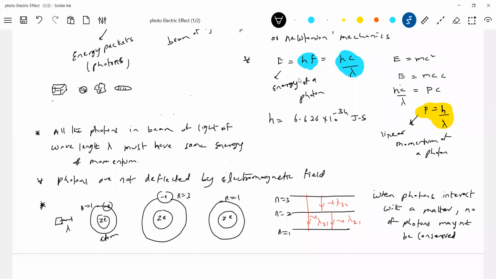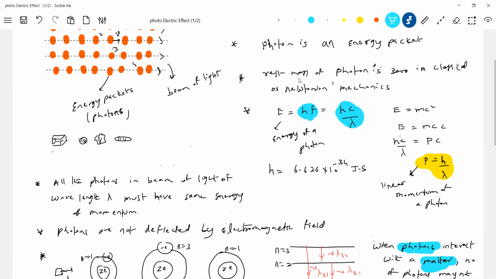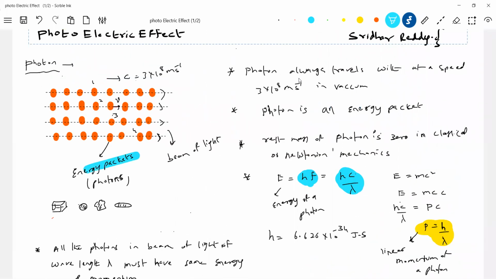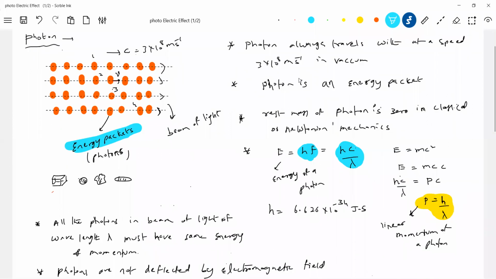Now here you can see the way I am writing things, photon, and I'm saying matter. Sir, a photon is not matter. No, a photon is an energy packet. Matter is different from energy here. But matter is another form of energy only, as later on from Einstein's equation, E equal to mc square.